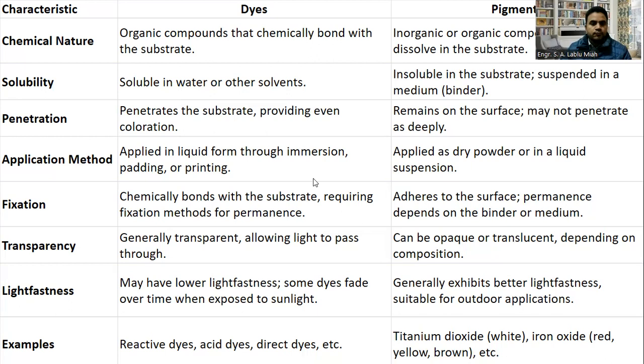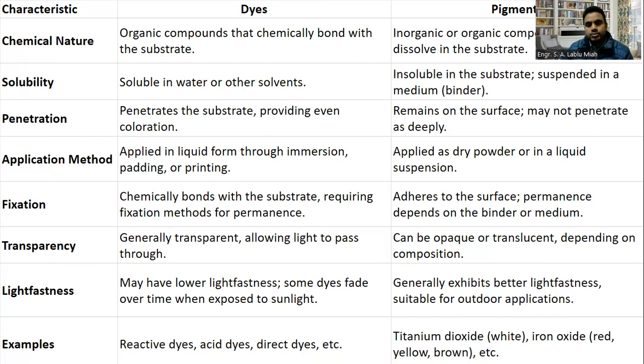And in case of fixation, dyes chemically bond with the substrate. Basically, substrate indicates the textile materials, for example, fiber, yarn, fabric, like this. Dyes require a fixation method for performance. In the dyeing process, when we are dyeing with dyes, we use soda ash as a fixing chemical.